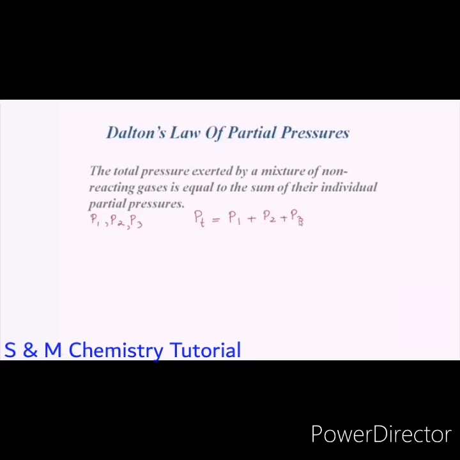Partial pressure of any gas in a mixture of gases is the pressure that it would exert on the wall of the container if it were present all alone in that same volume under the same temperature. यानी partial pressure किसी भी गैस का अपना प्रेशर है, इंडिविजुअल प्रेशर जो वो गैस एक्सर्ट करेगी, if it is present all alone, और अगर उसे मिक्स कर दिया जाए और गैसेस के साथ, but the condition is that these gases are non-reacting at STP, वो आपस में रिएक्ट ना करें, तो इस गैस का जो प्रेशर है it is called its partial pressure.